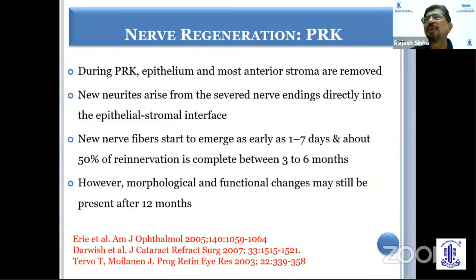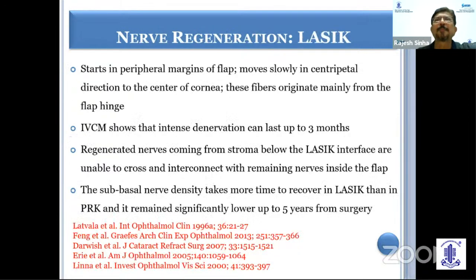In vivo confocal microscopy has shown that by 7 days you start seeing the sprouts, and nerve re-innervation is quite significantly done by 3 months' time. However, the morphological and functional changes may still be present even up to 1 year.